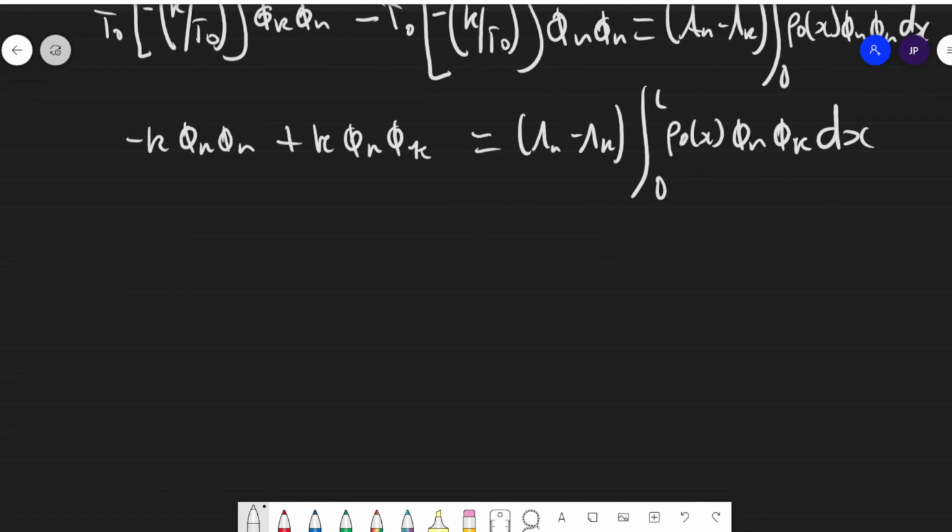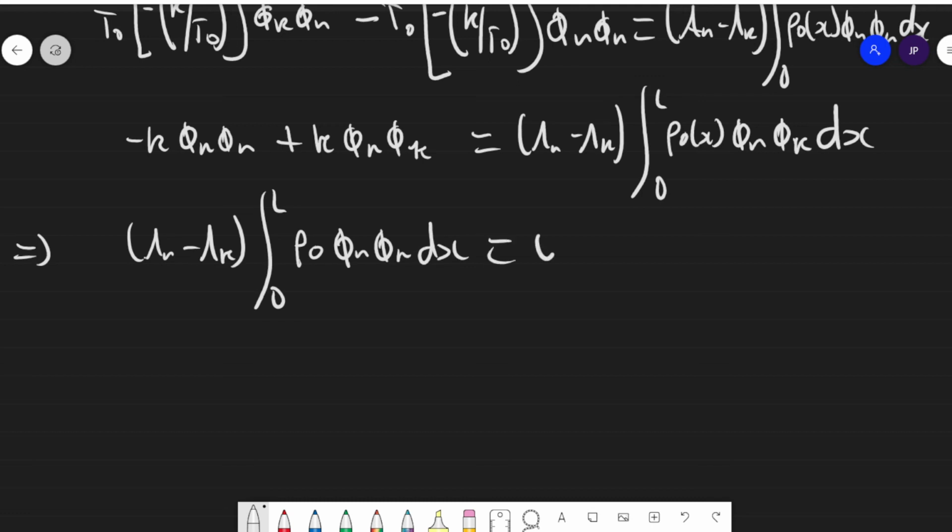And so, thus, I've shown that this is actually equal to 0. And we know that this is not 0 since it's two distinct eigenvalues.